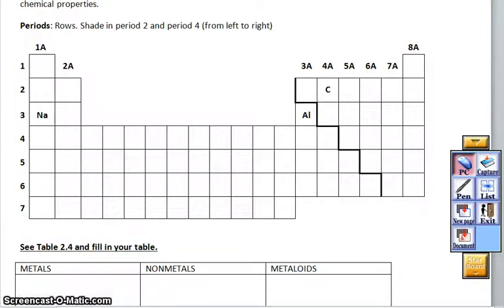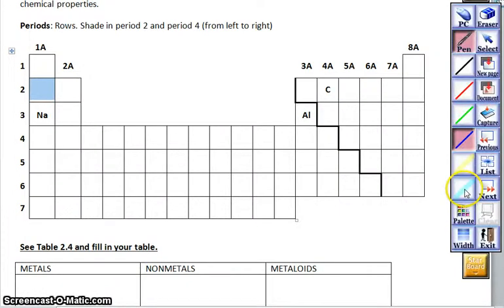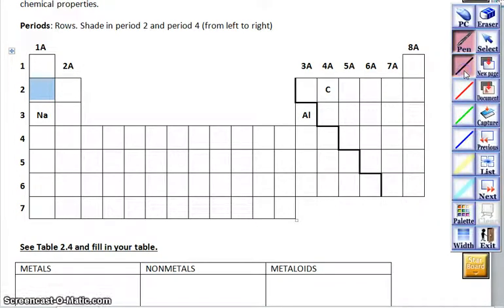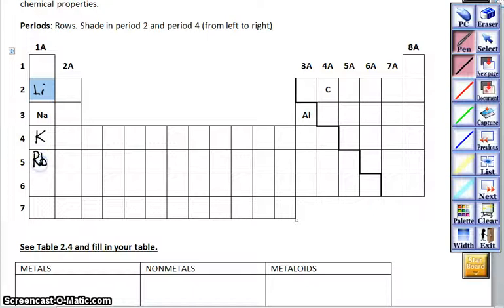So, let's see. Group 1A: lithium, sodium. What's next? Potassium. After potassium is what, Ruby? Rubidium. Okay, so these are good examples. Sodium, of course, is a very popular element.